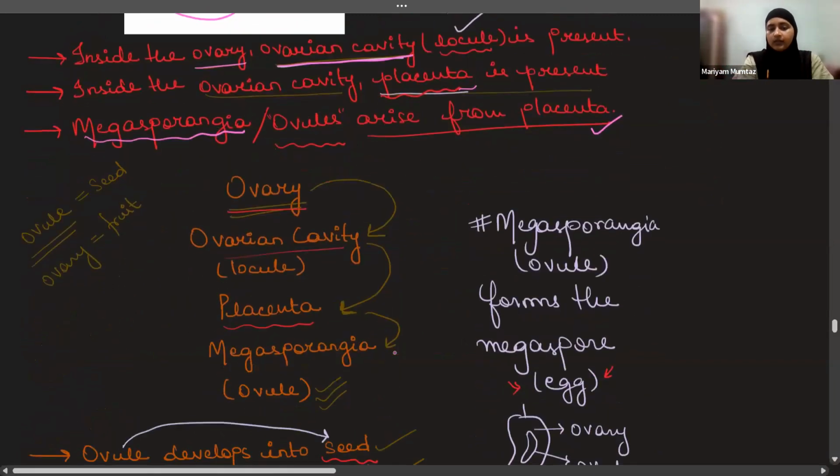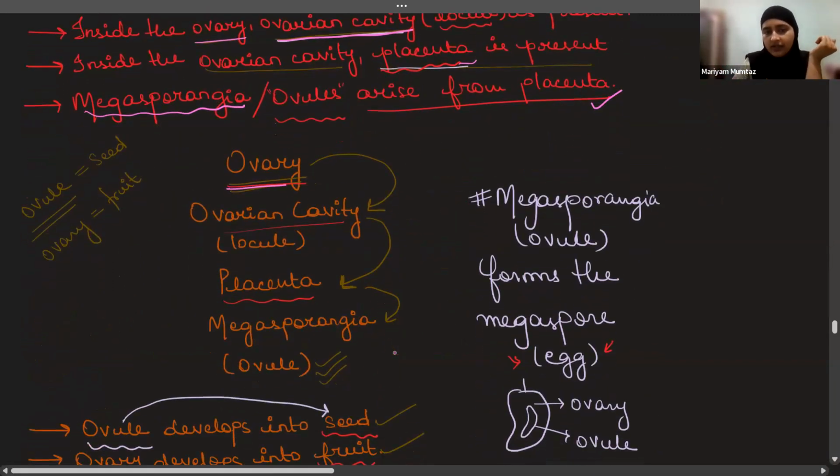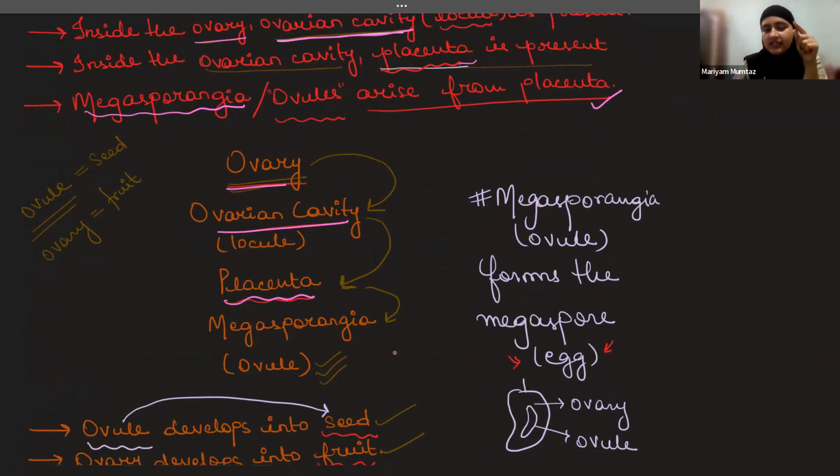Inside the ovary, there is the ovarian cavity. Inside the ovarian cavity, there is the placenta, and this placenta gives rise to the megasporangia, that is the ovule. Now, ovule is not the fancy name, megasporangia is the fancy one. Ovule is just the normal term, but if you want to refer to it professionally and formally, then that is megasporangia.